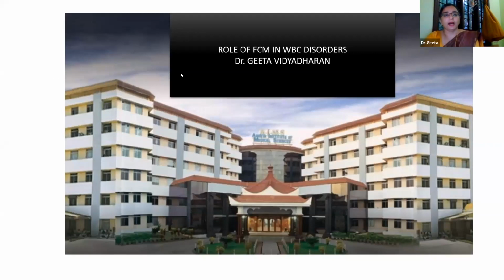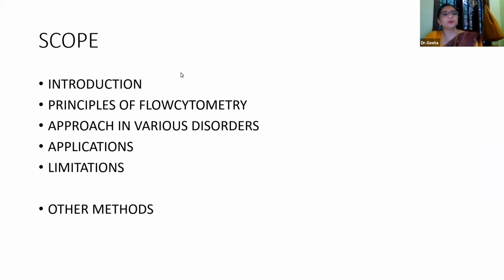So here I have distributed my talk into these cross headings: a short introduction including the principle of flow cytometer, parts of the flow cytometer, a brief about the prerequisites and preparation before going into the analysis, approaches to analysis in various WBC disorders, examples of clinical applications by way of case studies, and along with limitations of the procedure.